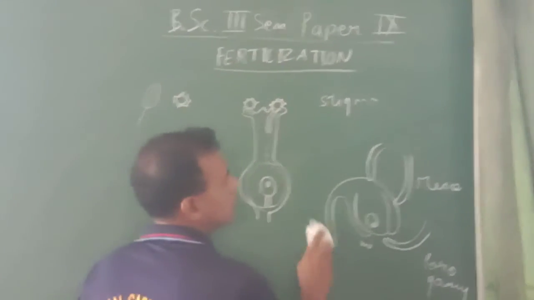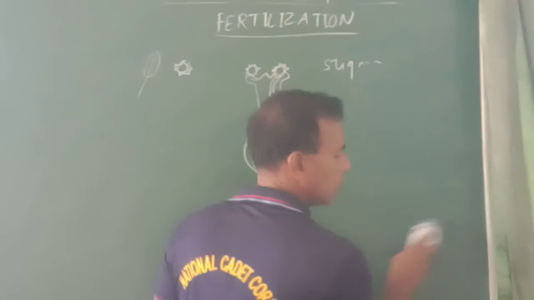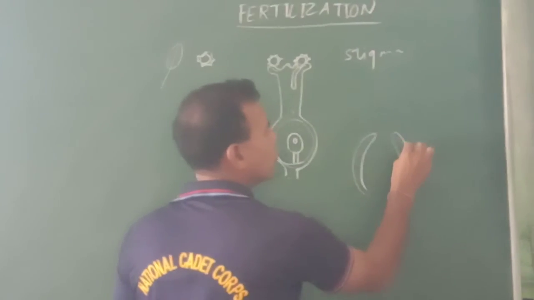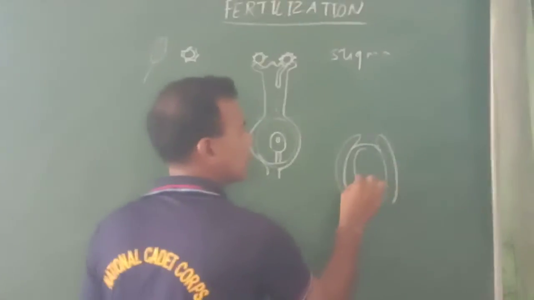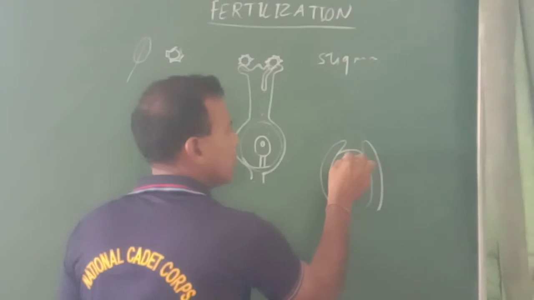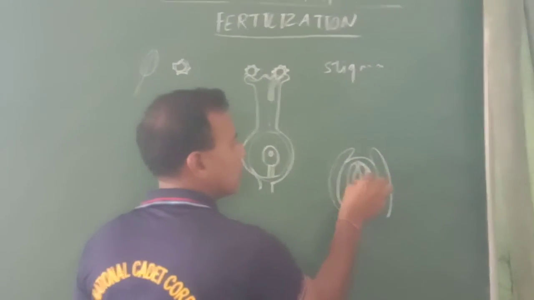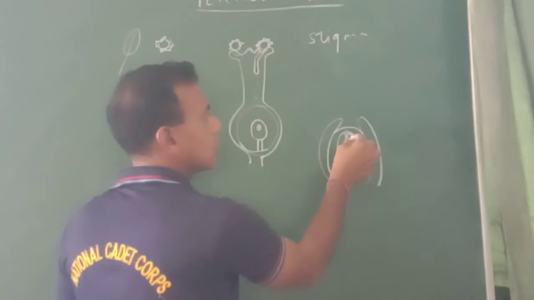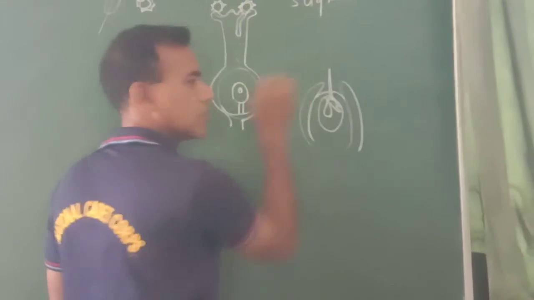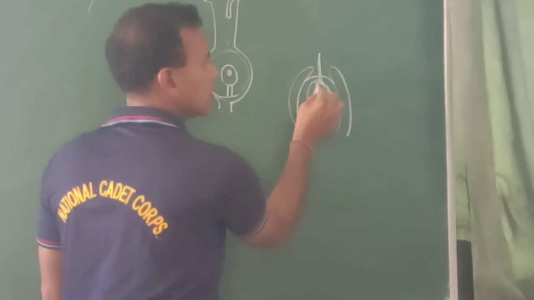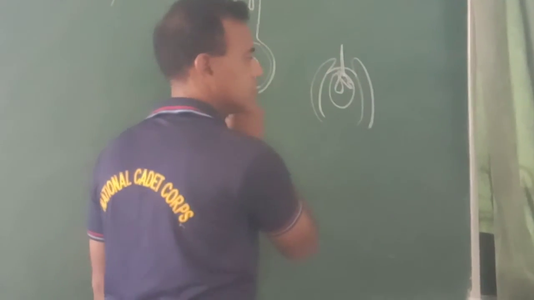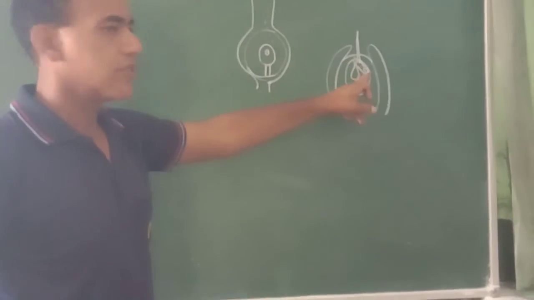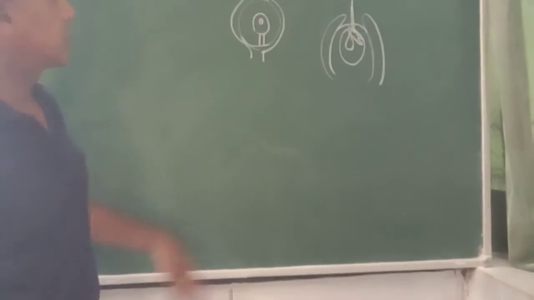After entering the ovule by micropyle, the further movement of the pollen tube may be between the wall of embryo sac and synergid, or through synergid directly. As it enters the embryo sac, the degeneration of synergids takes place.